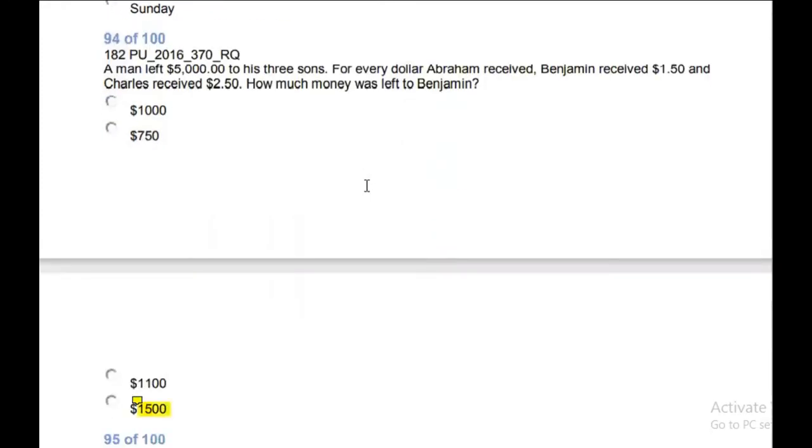Then question number 94. A man left $5,000 to his 3 sons. For every dollar Abraham received, Benjamin received $1.50, and Charles received $2.50.